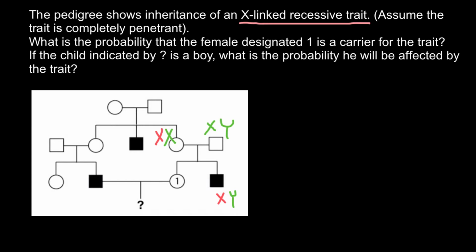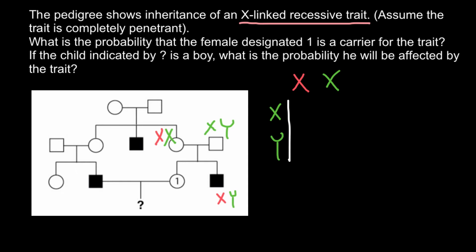And in order to find the probability for this female to be affected, we have to build a simple Punnett square. We know that the genotype of her mother is a defective X chromosome and a normal X chromosome, and the genotype of her father is normal X and normal Y chromosome.